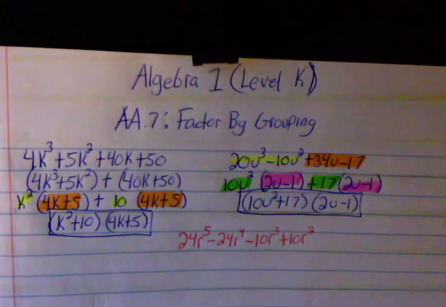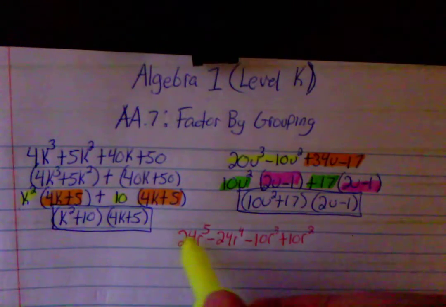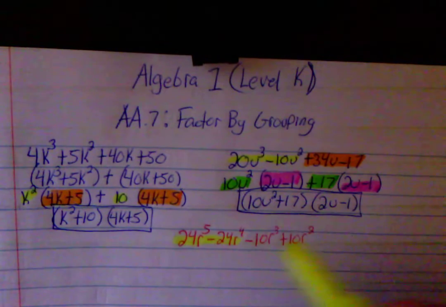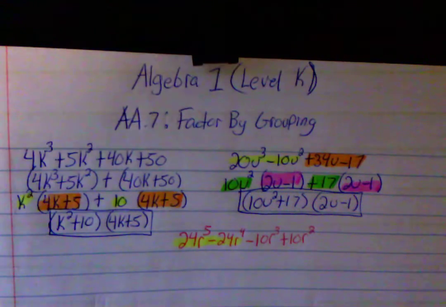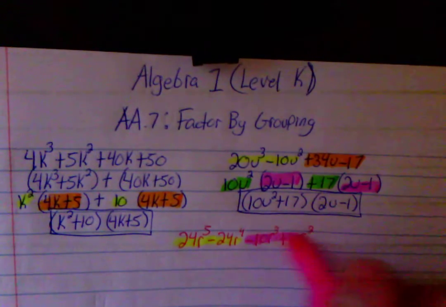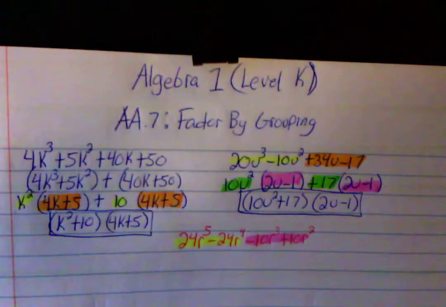So I'm going to pair together 24r to the 5th minus 24r to the 4th and negative 10r cubed plus 10r squared.